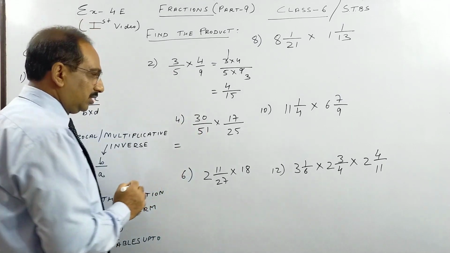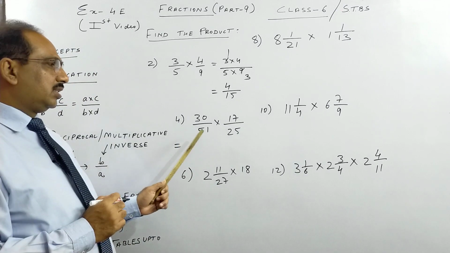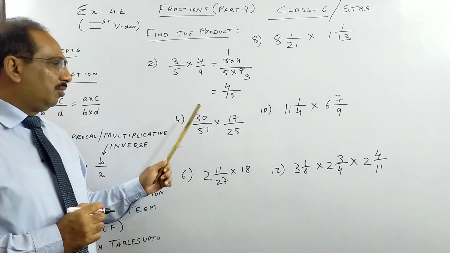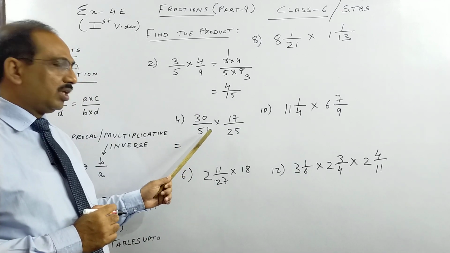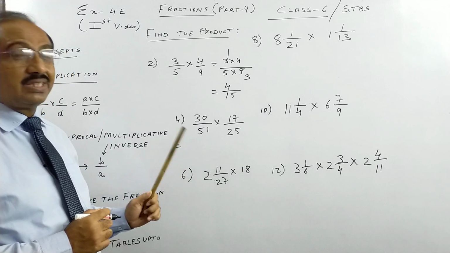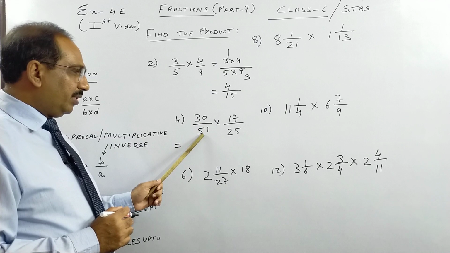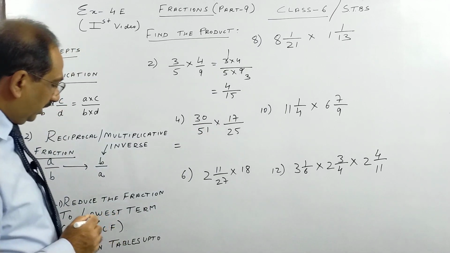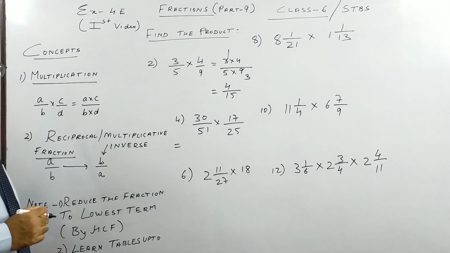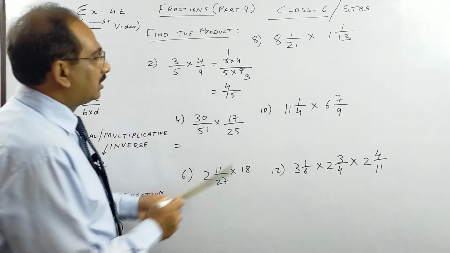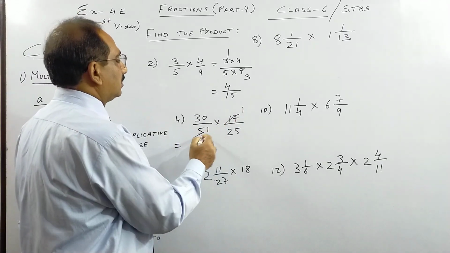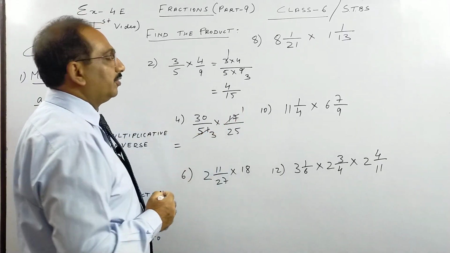See, next question. First you copy the question. I am cancelling here only, but first you copy the question, and what I am doing you should do in the second step. Here if you see, 51 comes in table of 17. That's why I said tables up to 20. 17 ones are 17, 17 threes are 51.